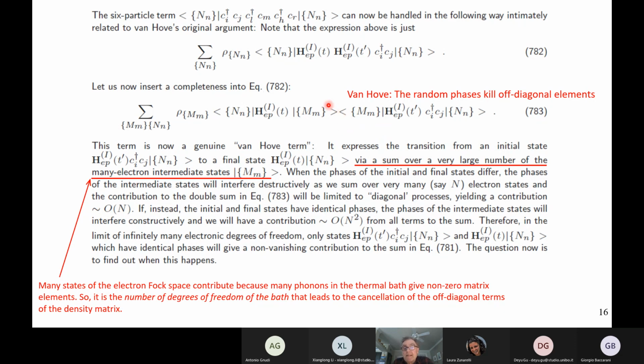So this is the best I can tell you. Mathematically, I think one can easily see it, that if this guy is parallel to this guy, so has the same phase, which happens when i and j are the same, then the sum gives you constructive interference. And instead, if i is different from j, you get all sorts of phases.